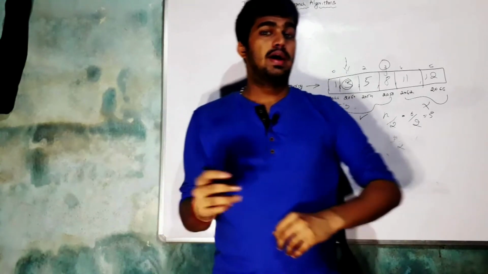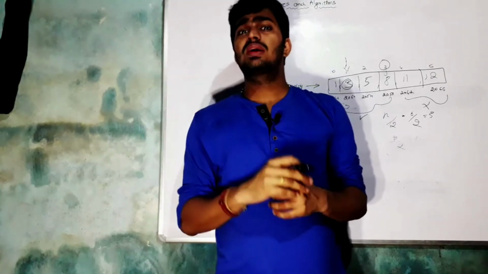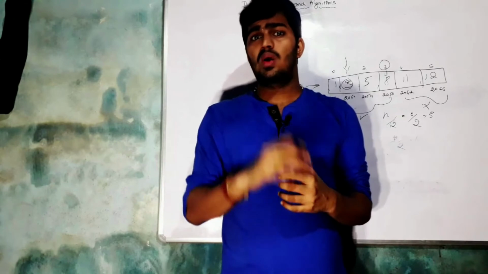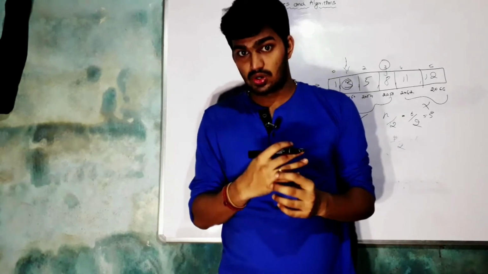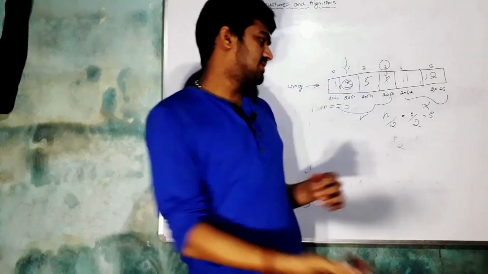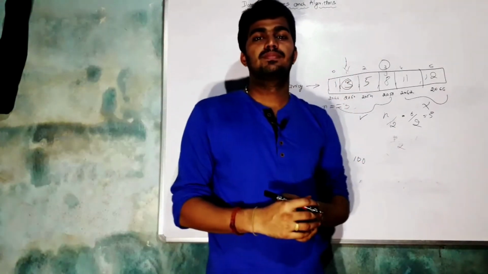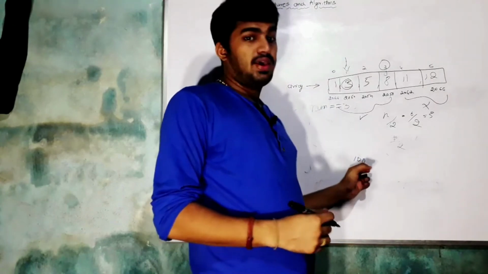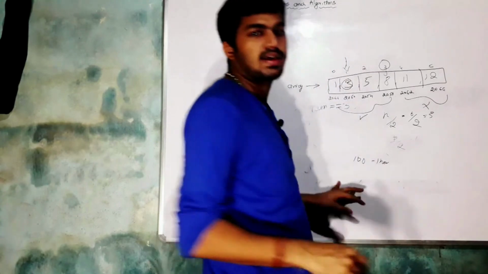I'll go to a real-time example of a library. What if there's no order, right? It will take much more time. Let's say there are 100 books. How much time do you need? Maybe 1 hour. Okay, let's say 1 hour.